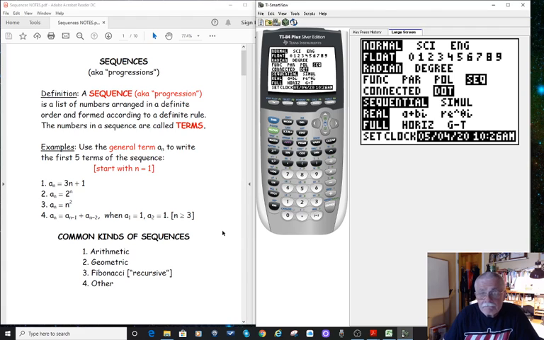Okay, well, here we go. This says use the general term a sub n to write the first five terms of the following sequence. a sub n is called the general term, and you can think of that as the same as f of x if you're talking about a function.